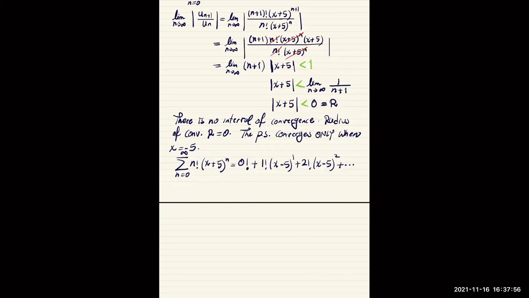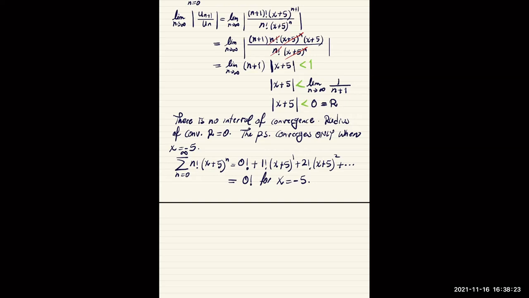So this is equal to 0 factorial for x equal to -5. Sorry, those are plus 5s. It converges only when x is the same as the center, and it converges to that constant value.